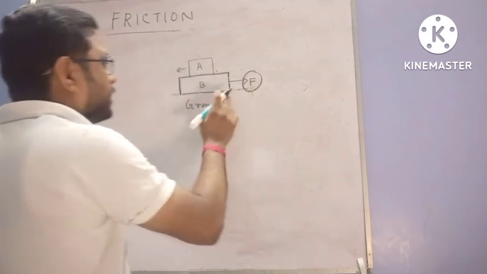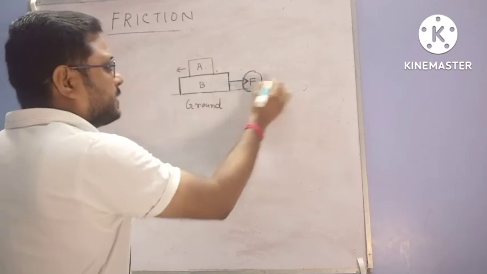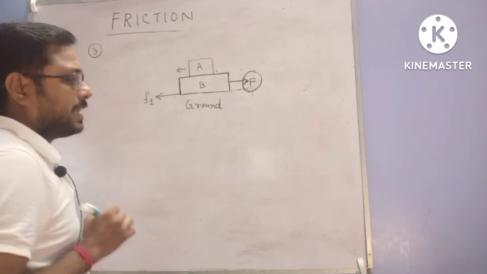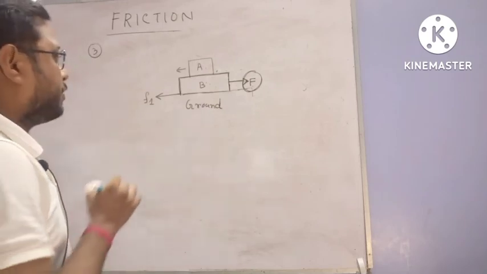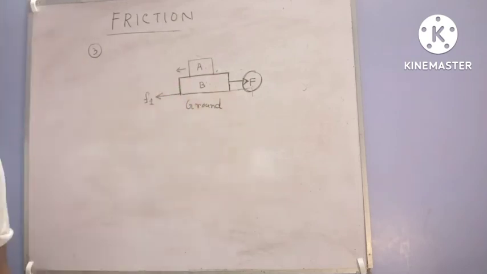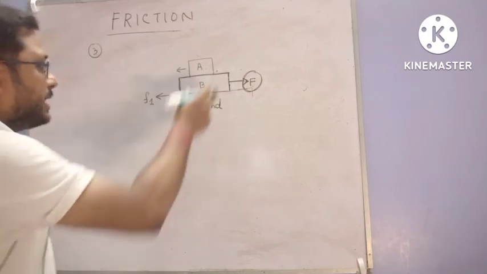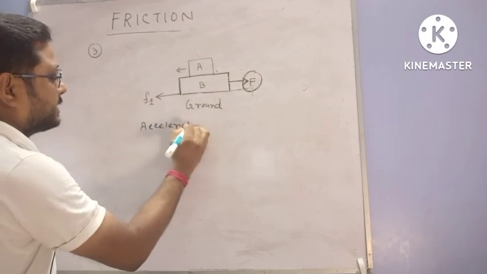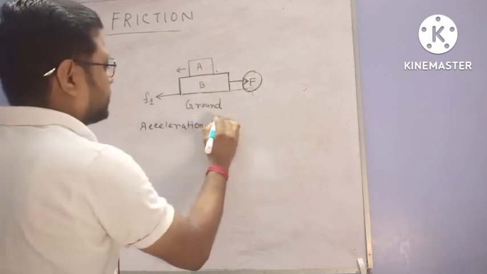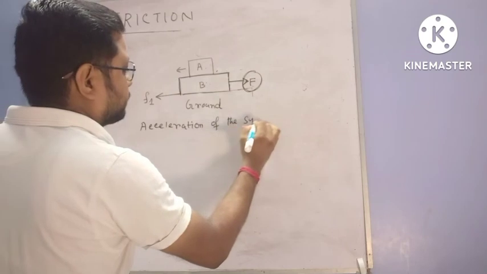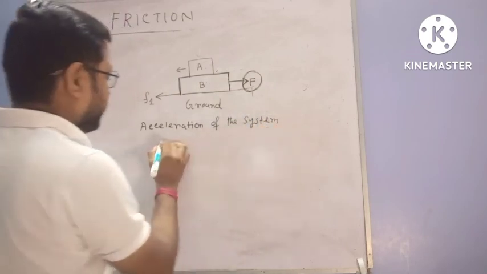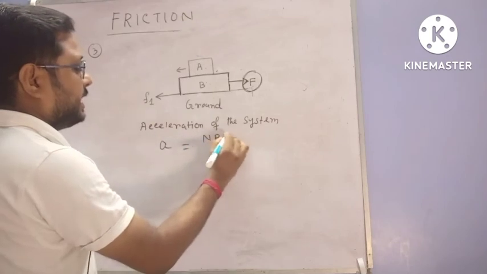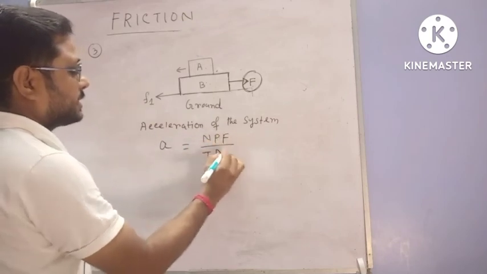Now, if force F is applied, then a frictional force F1 acts along this direction. Then what is the net pulling force? And what is the acceleration of the system? At first we find the acceleration of the system. As we know from earlier classes, acceleration is net pulling force by total mass.